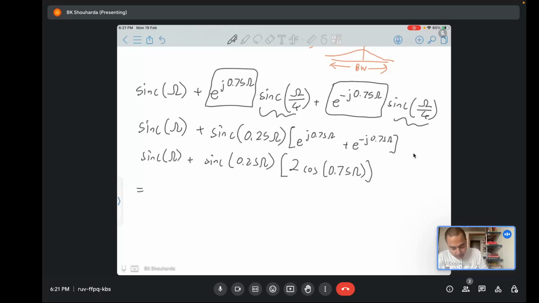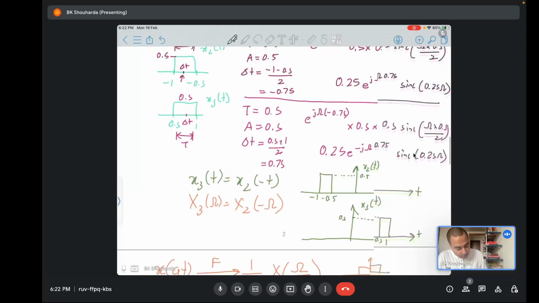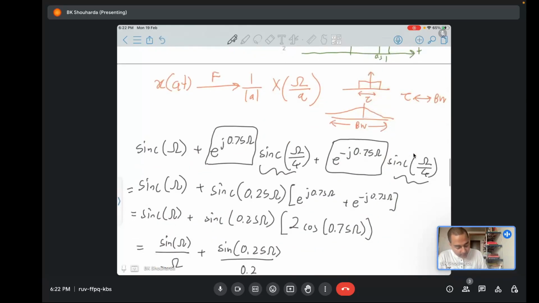Alright, now let me expand it further. Sinc omega is sin omega upon omega, sinc 0.25 omega is sin 0.25 omega upon 0.25 omega. Okay, so there should have been a t term. Oh yeah, there was a t term which I missed, so it will be 0.25.